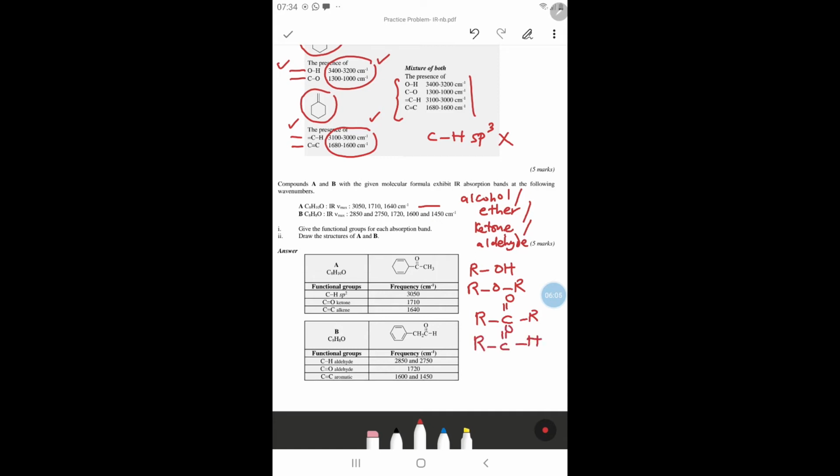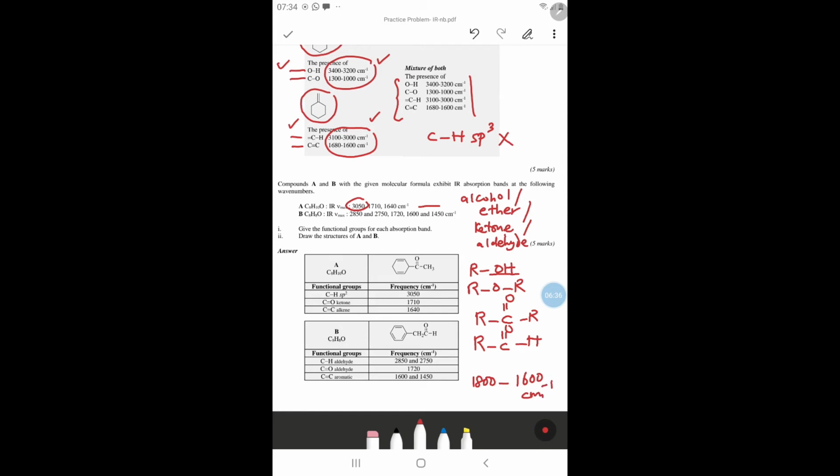Okay, so automatically you know if I have an alcohol, I must see the OH. So what is the frequency of the OH? It's 3000 something, so this might be in the range. But the thing is, you have 1710. Remember, anything between 1800 to 1600 cm-1 belongs to a carbonyl compound.